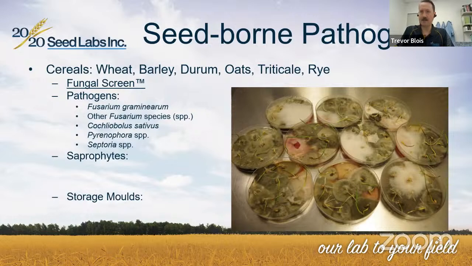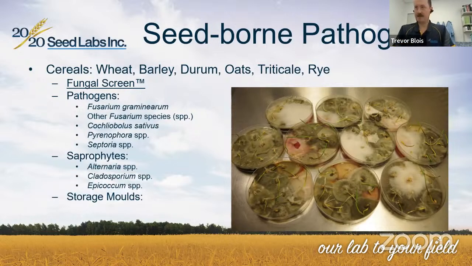But it also includes Cochliobolus sativus, which causes common root rot, and Pyrenophora and Septoria, which can be seedborne, and they are, those foliar pathogens, like I went over with the life cycle of tan spot in wheat earlier.